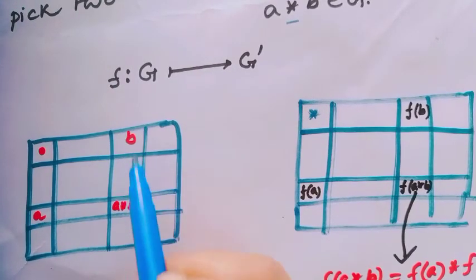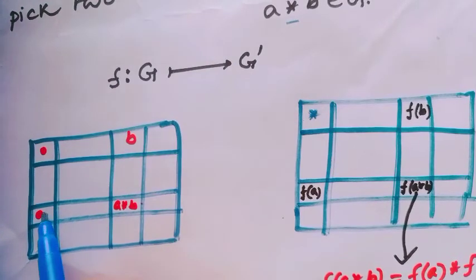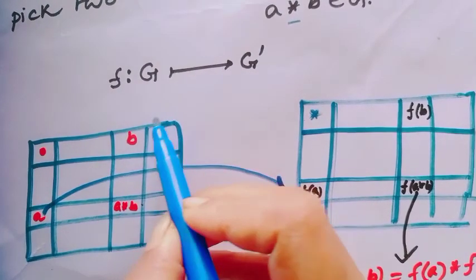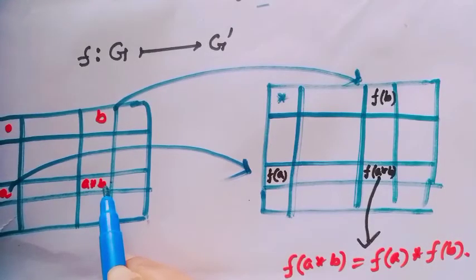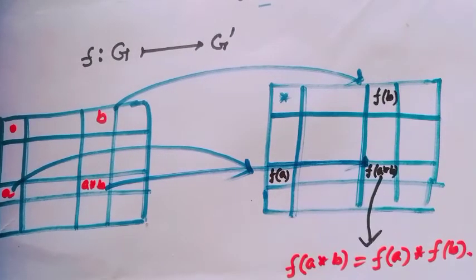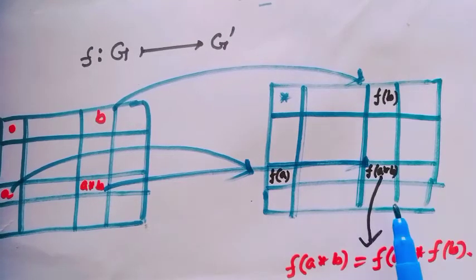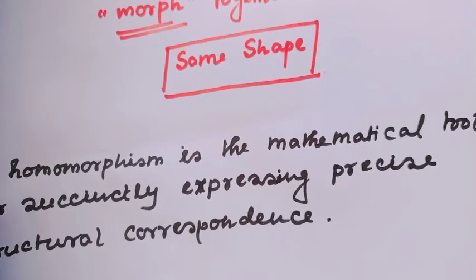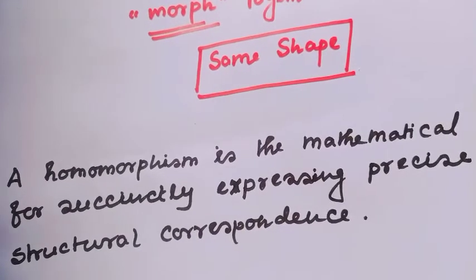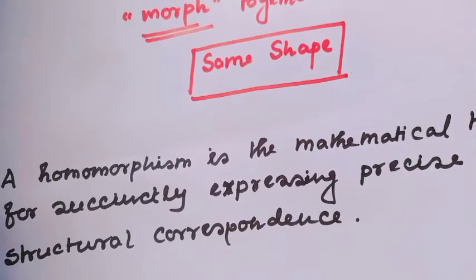Here a maps to f of a, b maps to f of b, and a star b maps to f of a star b. And in homomorphism, f of a star b, meaning f of a composition b, is equal to f of a composition f of b.